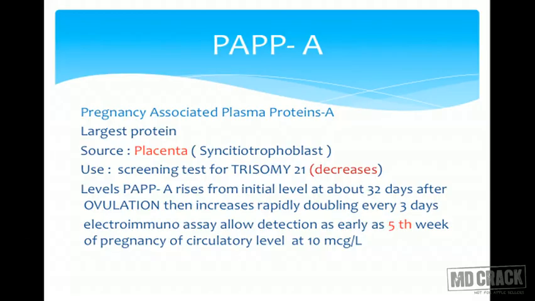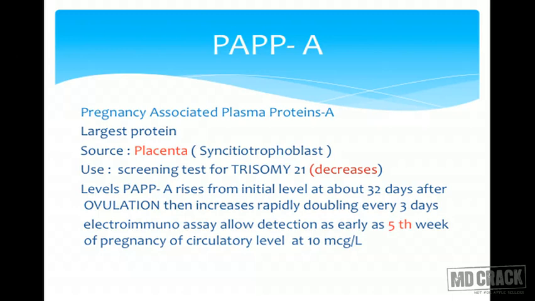Other marker which is quite practically useful is PAPP-A. The long form is pregnancy associated plasma protein A. It's the largest protein. Source is placenta, syncytial trophoblast. It is used as a screening test for trisomy 21. The levels of PAPP-A decrease in trisomy 21 in comparison with normal pregnancy.